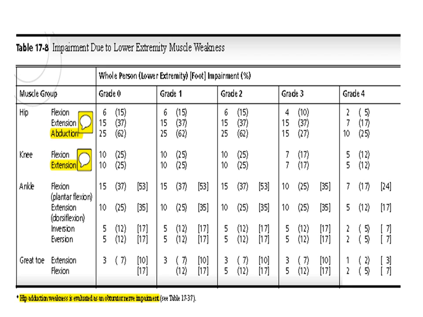So let's begin with weakness to resisted hip abduction, which you'll notice carries anywhere from a 10% to a 25% whole person impairment. And if you think about that, 25% whole person impairment, that's roughly 1/4 of total impairment, simply for loss of function, grade 0 rating of hip abduction.